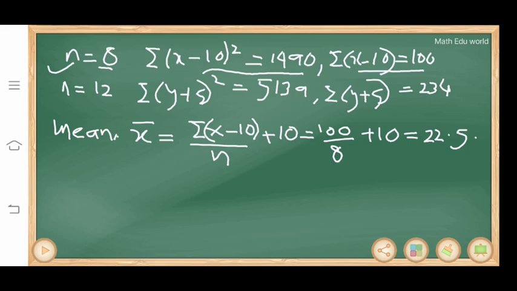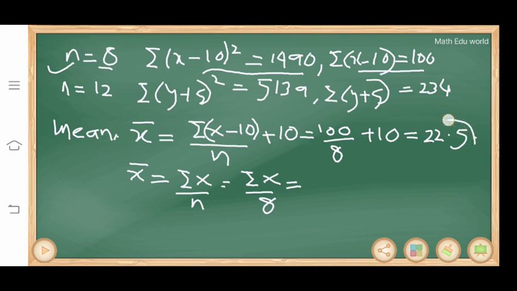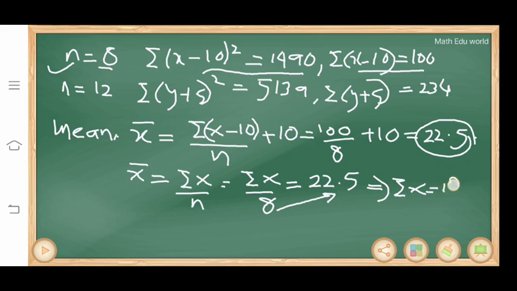And we know that the mean x bar can be defined as sigma x divided by n, which is sigma x divided by 8, and it is given as 22.5. So cross multiply this 8, we get sigma x is equal to 8 into 22.5, which is 180.